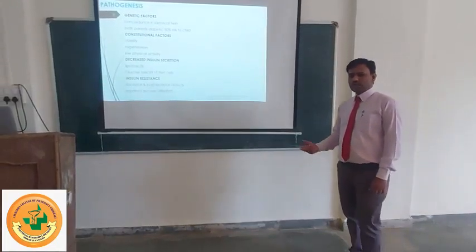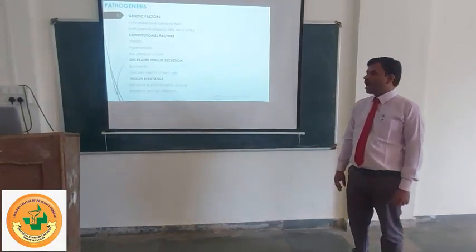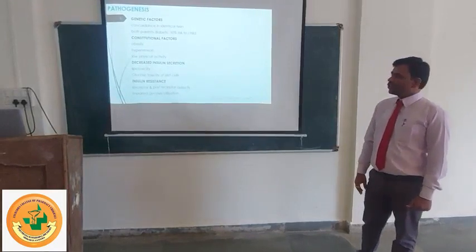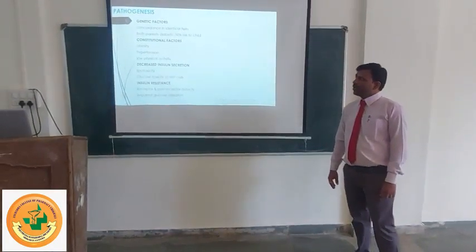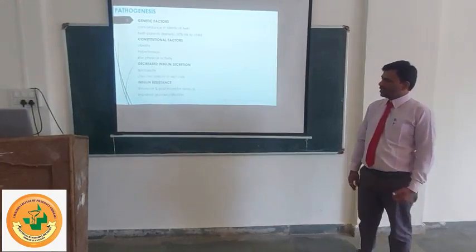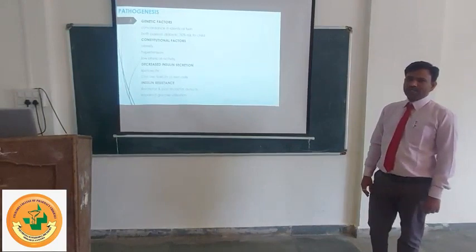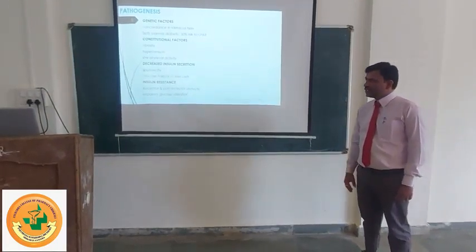Hypertension has a close resemblance with diabetes mellitus in hypertensive patients. Then low physical activity. If a person is not doing physical activities, there may be chances of development of diabetes mellitus. Then decreased insulin secretion. If the person has lipotoxicity, there is a decrease of insulin secretion in the body.